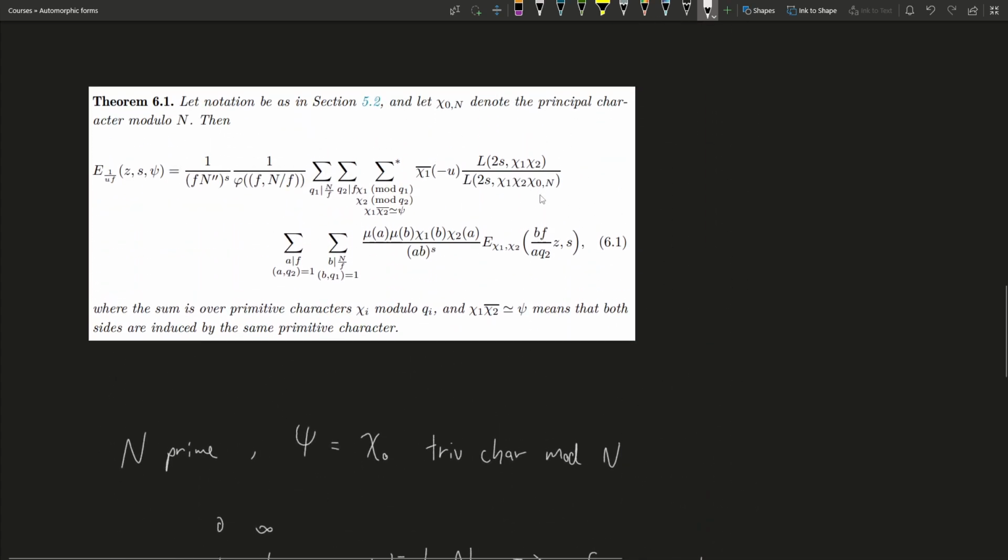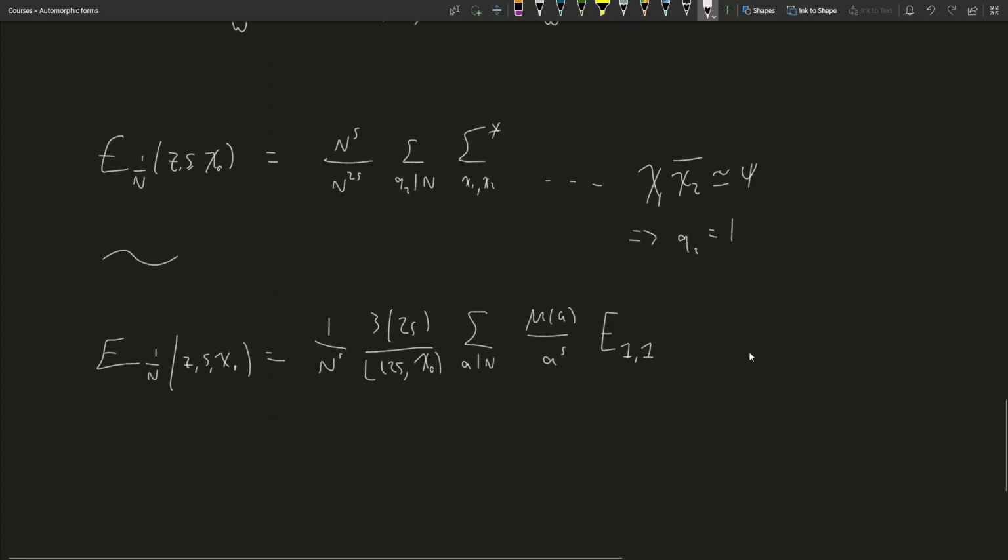And then we're evaluating it at b times f. F was w, w was n, so it's n divided by a times z, comma s.